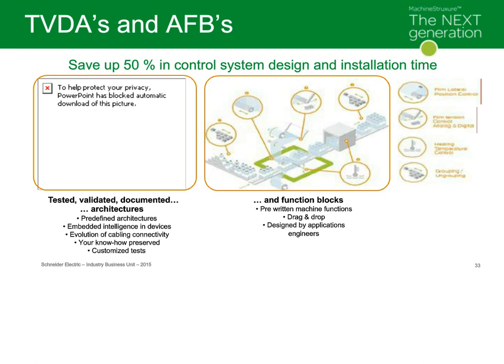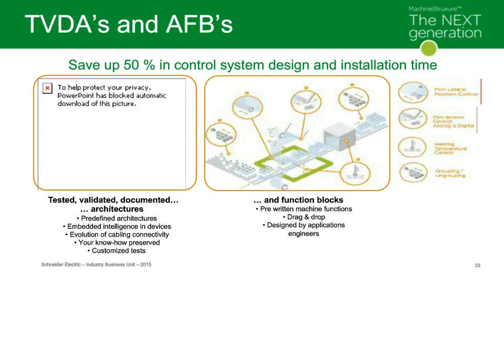You're able to drop that in, and from there, instead of having to program everything from scratch, that function block can be set, so you set the parameters of turn to this degree based on receiving the input from this variable. All those things together with your TVDAs, your automation function blocks, the simplification of your hardware, the one software suite, all those things together are really what save up to 50% in your control system design and installation time.